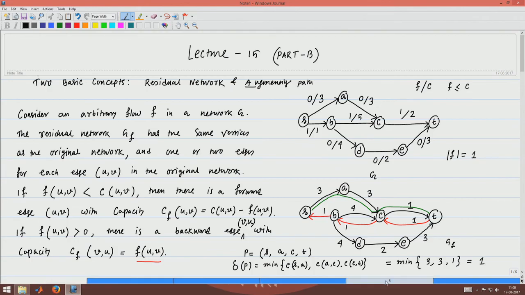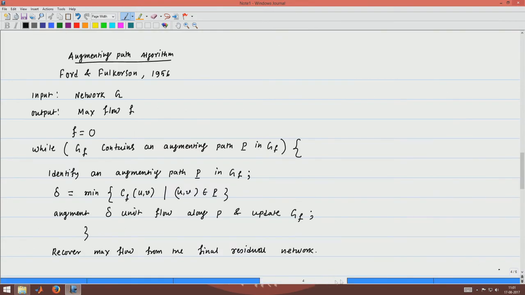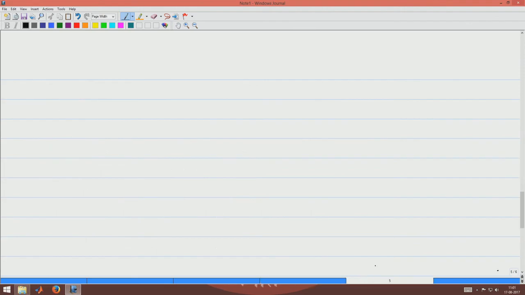Let me just draw this flow network once more.